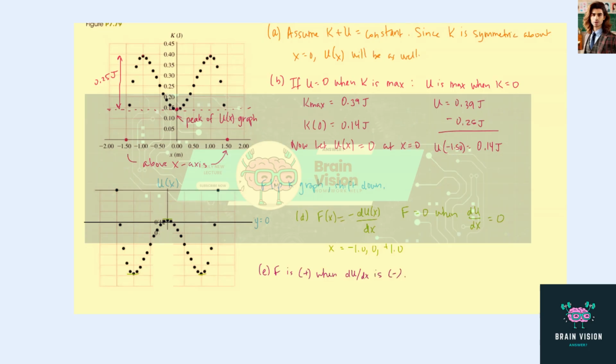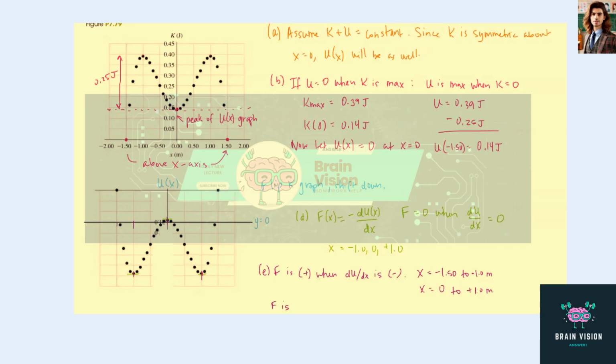So dU/dx is negative from x equals negative 1.5 to negative 1.0 meters, it's like in this range here, and then from 0 to positive 1.0 meters.